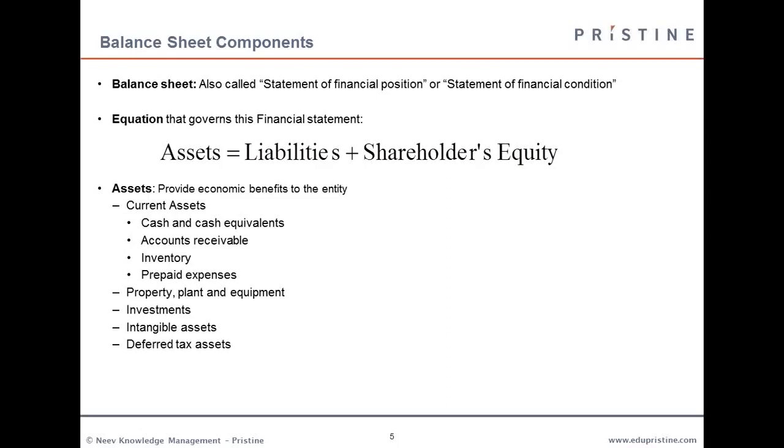So the examples of assets are cash, which is very obvious, and accounts receivable, inventory, prepaid expenses, intangible assets and deferred tax assets, property, plant, machinery. All these come under assets because they are helping the company to make money. They are going to provide economic benefits.